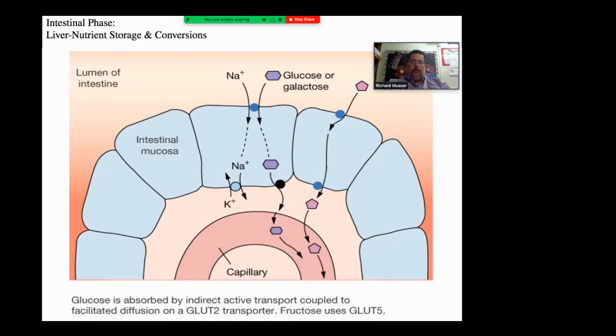I need to double check on which one that is. But I believe the brush border cells are good at not taking that sugar out. Also, glucose is absorbed by indirect active transport, coupled to facilitated diffusion on the GLUT2 transporter. And fructose uses a different transporter called GLUT5. But that's the basics of how sugars are absorbed.